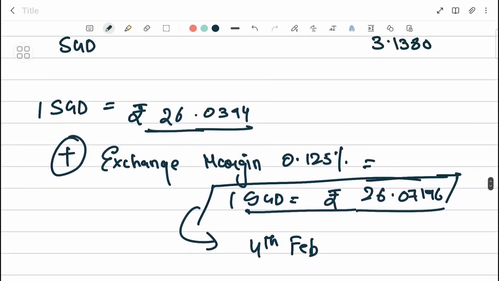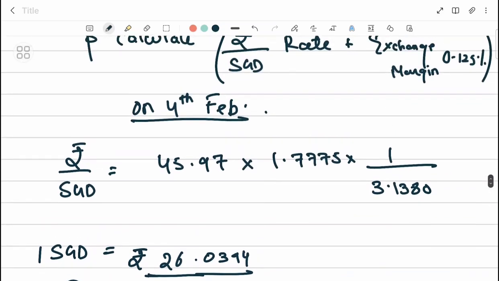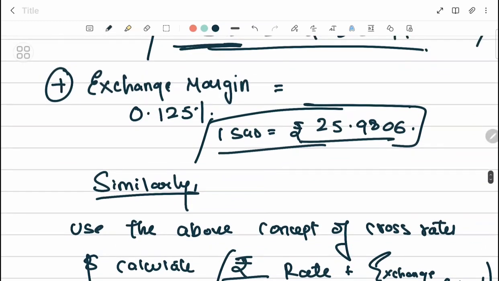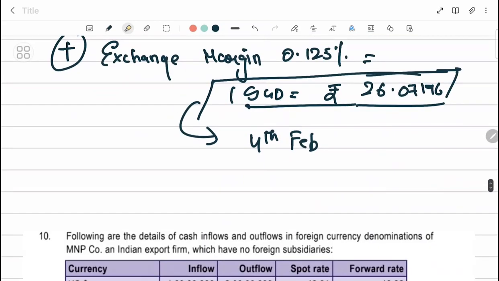So now see whichever rate is higher. Let's see the other rate. Let me highlight. This is the rate 25.9806 and this is 26.0719. So obviously on 4th the customer has to pay more. Okay, so the customer is at loss.